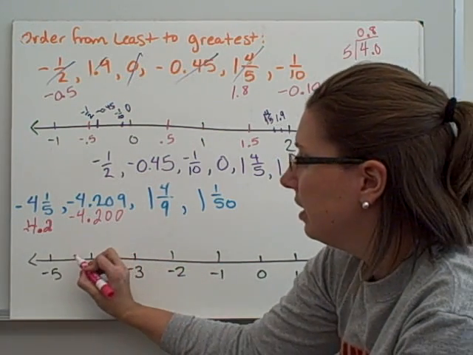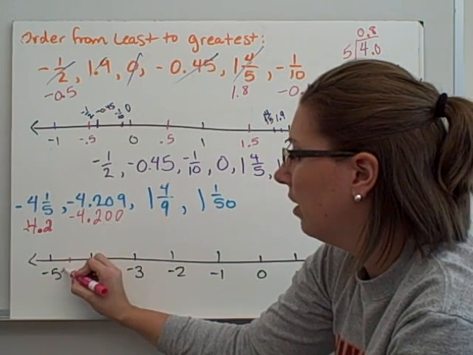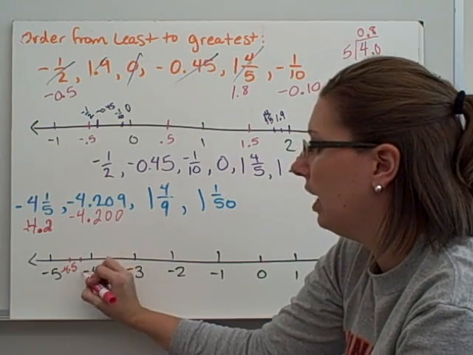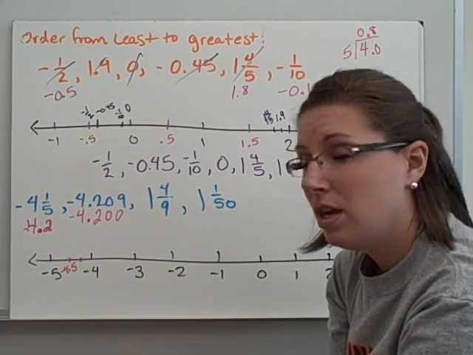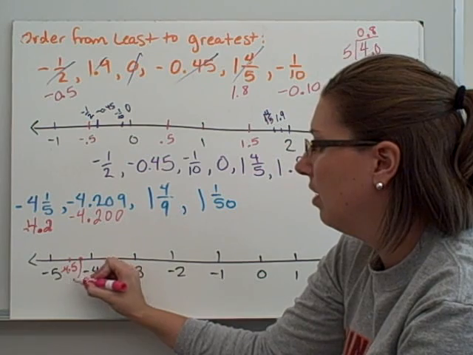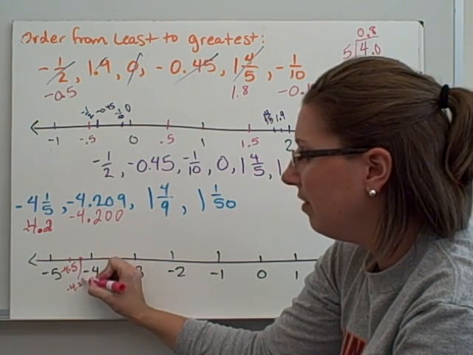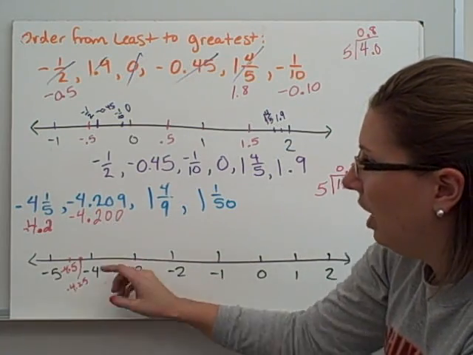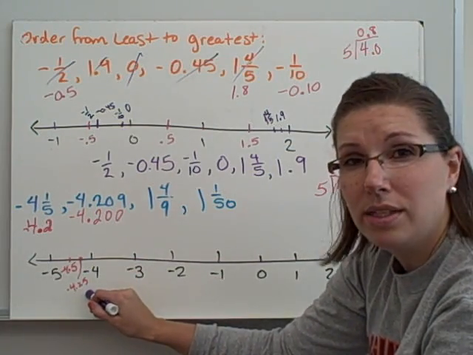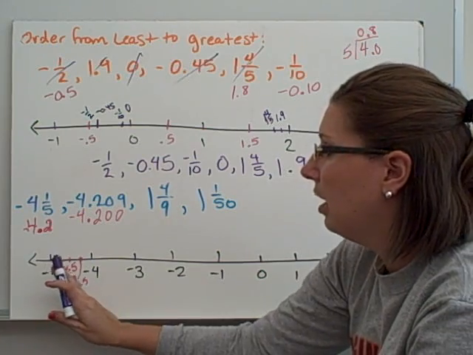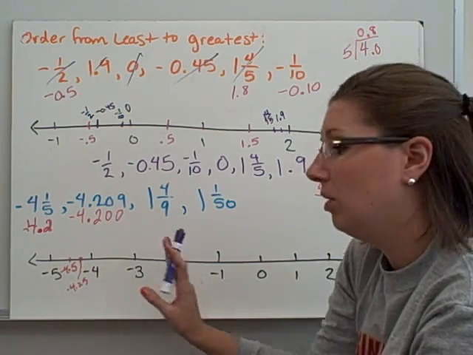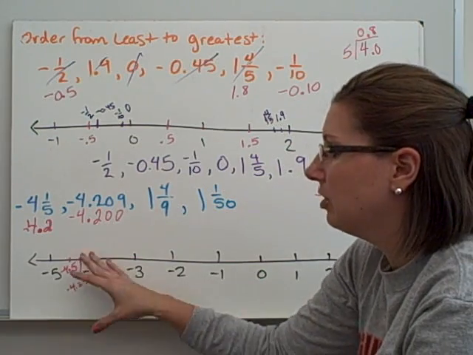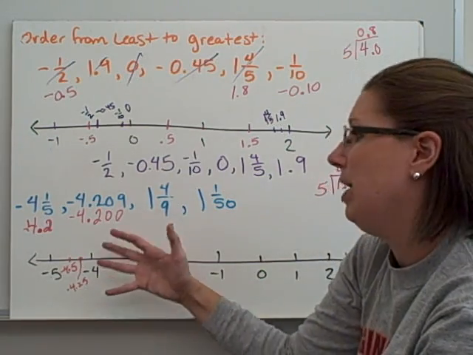If this is -4.5, about halfway between -4 and -4.5 is -4.25. So -4.209 is going to come really close to that. But then -4.2 is even closer. I could zoom in on this, and I'll do that in a second. I'll show you what I mean.